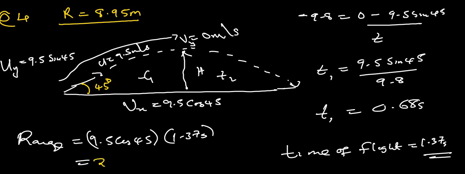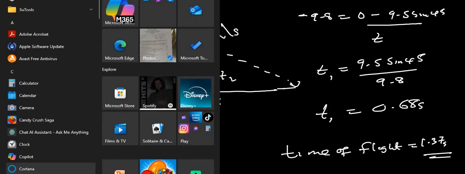You're getting 2.48. The first part, I'm not getting what you're saying. 2.48. So you multiplied, just a minute, let me check here.